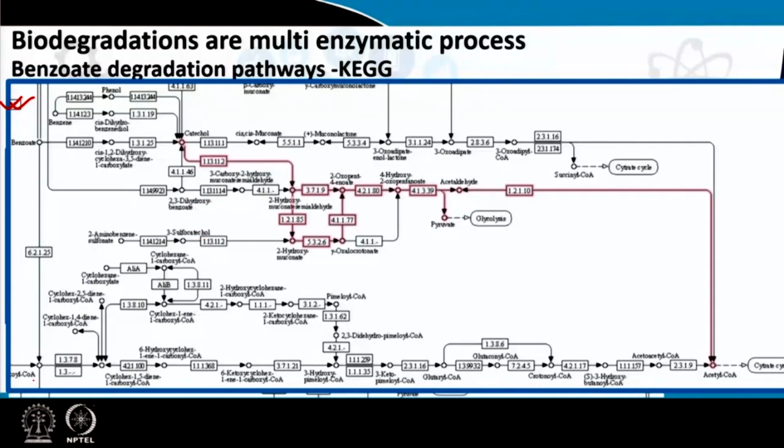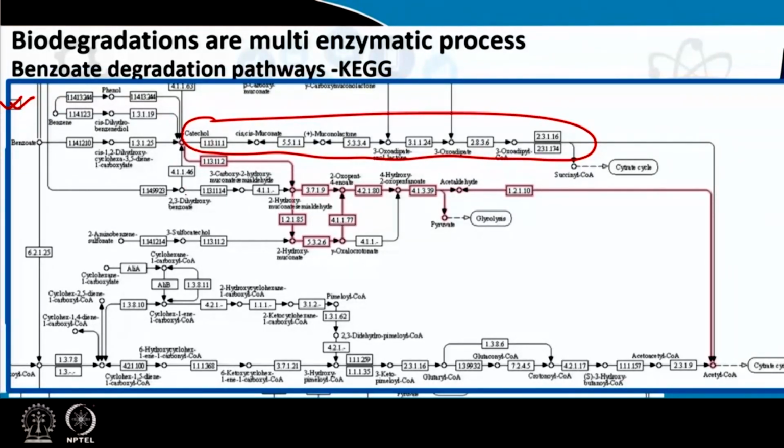If we consider catechol, one line is highlighted here, I have marked it for your understanding, that you can see the catechol is converted first to hydroxymuconate semialdehyde, because this is one of the pathways. There are many pathways; for example, there is one pathway running over here, and there is another pathway which may go this side. So, there are multiple pathways. We are talking about the red colored pathway.